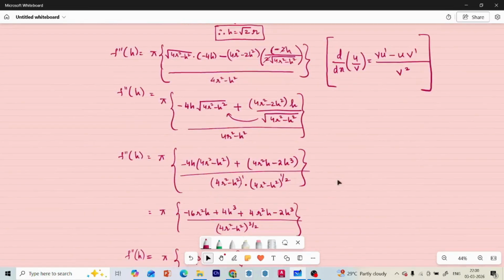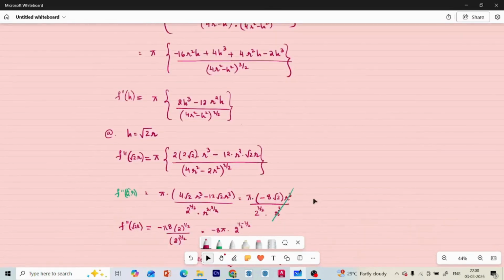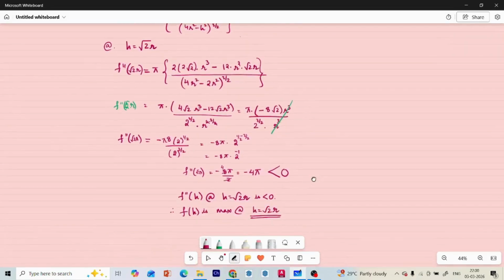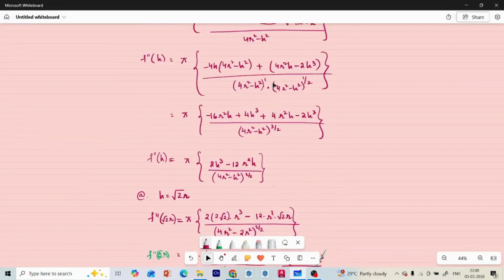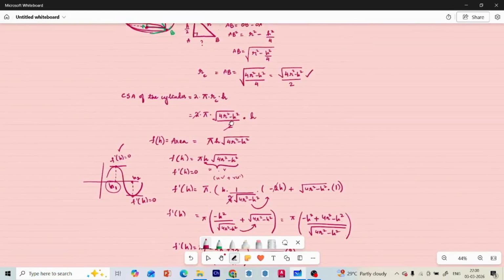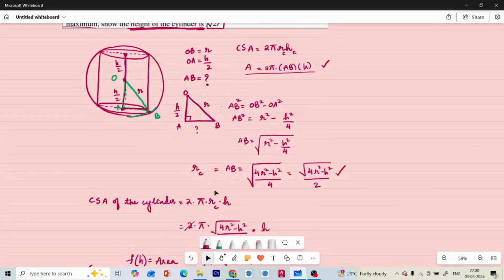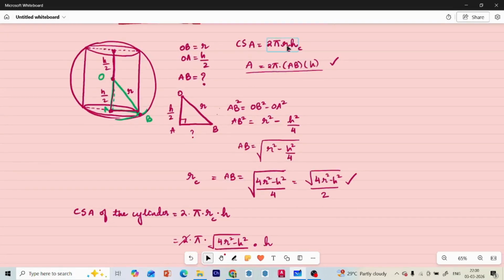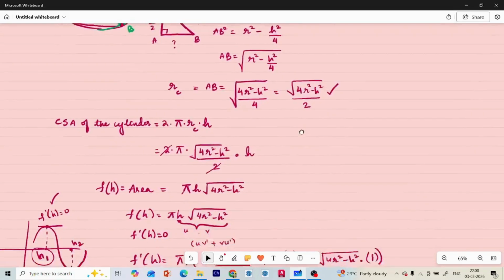It's not very tough. I'm not saying it is not doable, it is very much doable. Once you write it and practice, it'll be fine. So we are only replacing the radius of the cylinder in terms of r, in terms of the given data.